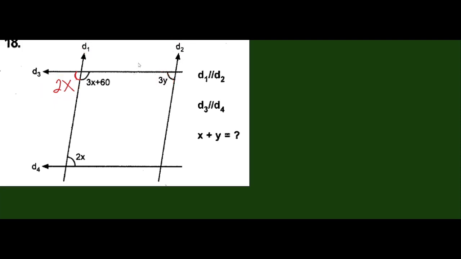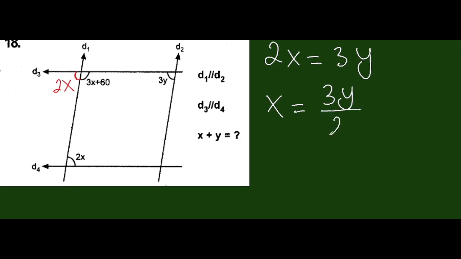So from here we can write down 2x will equal 3y. And we can find x, and it will equal 3y over 2. And the sum of this and these angles will be 180 degrees.